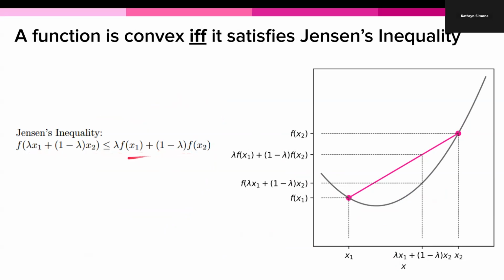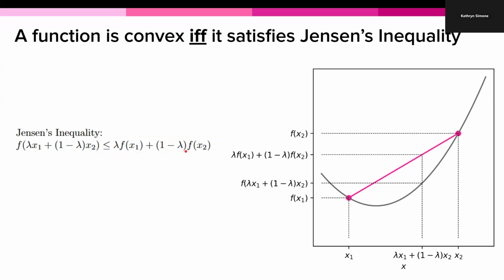What this says is that if we were to interpolate between any two given points, x1 and x2, using a sliding parameter lambda, where lambda is in the interval 0 to 1, the function of that interpolation would be less than or equal to the interpolation of the function of the points.